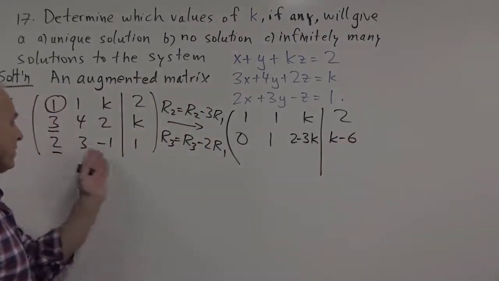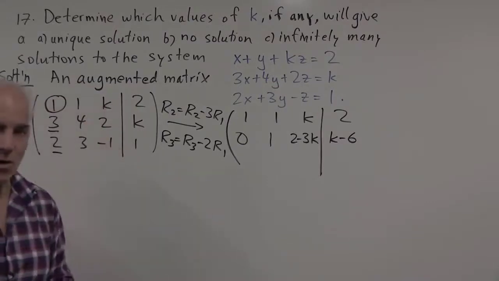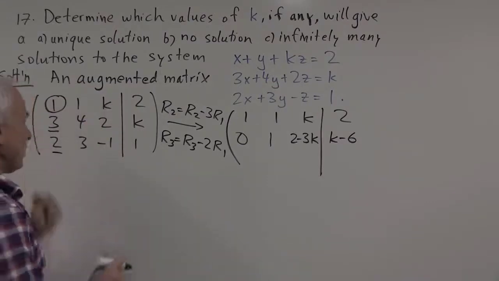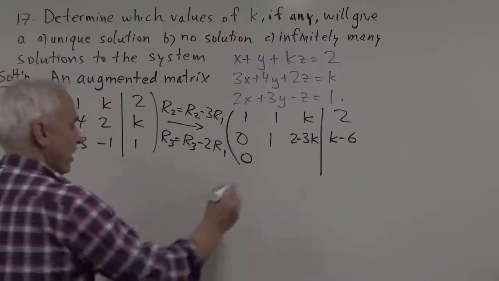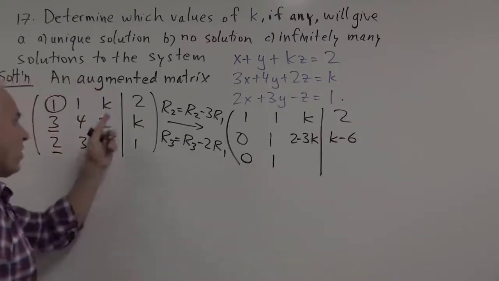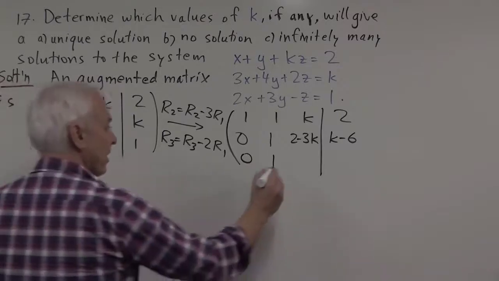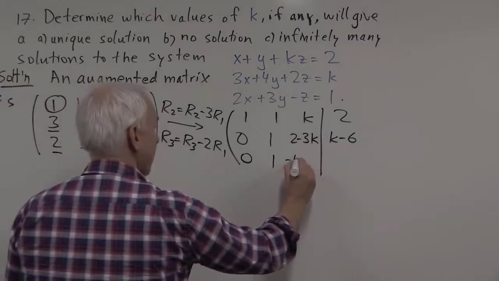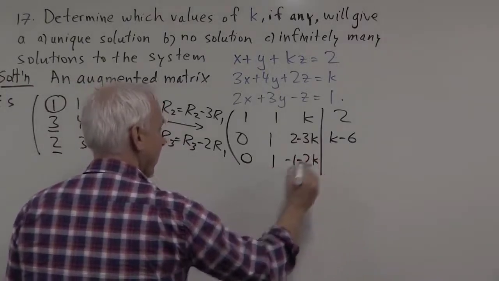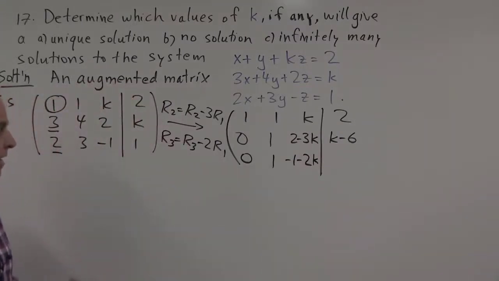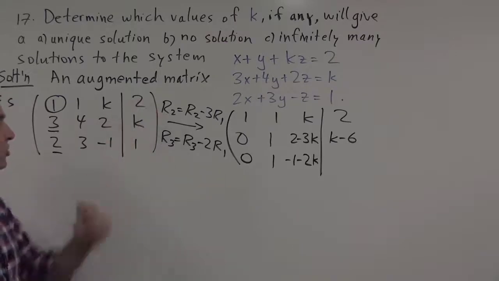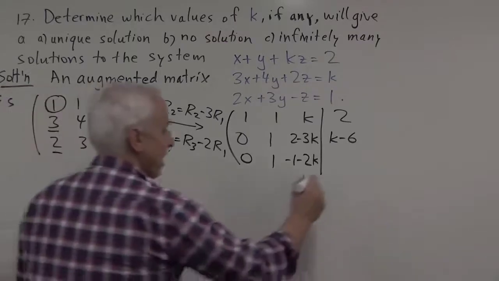For the third row, we have to take it and subtract 2 times row 1. 2 minus 2 times 1 is 0. 3 minus 2 times 1 is 1. And minus 1 minus 2 times k will be minus 1 minus 2k. We'll just treat the k as a variable whose value we don't know. And finally, 1 minus 2 times 2 will be minus 3.